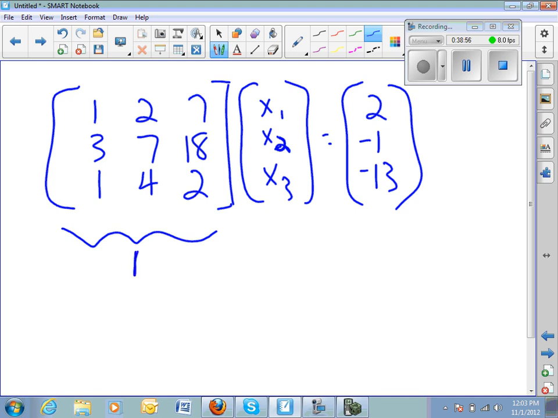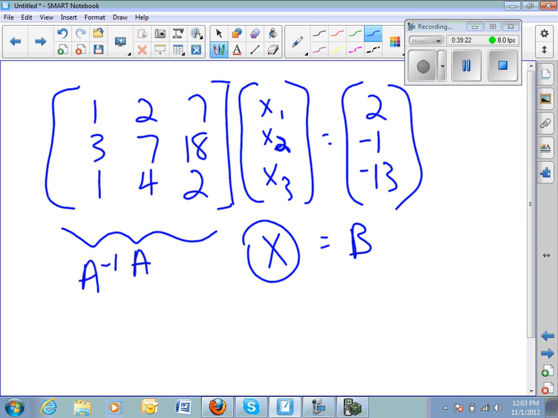So if we call this matrix A, and let's say this is capital X for this matrix, and this is equal to, how about B? I'm feeling so original today. If I want to solve for this matrix X, figure out what these 3 variables are, I can't divide because division's not defined, but I can take this on the left side and multiply by A inverse.